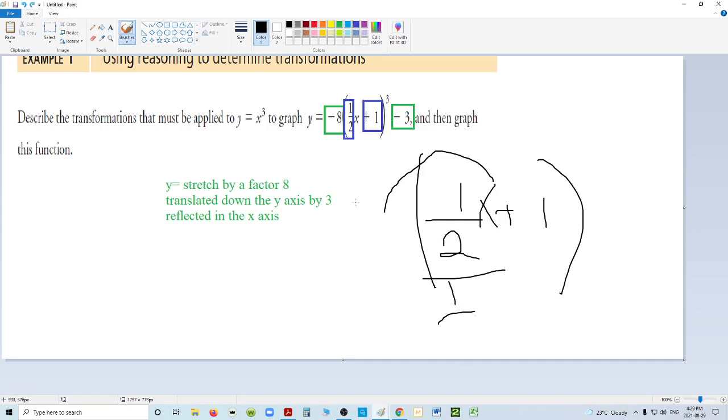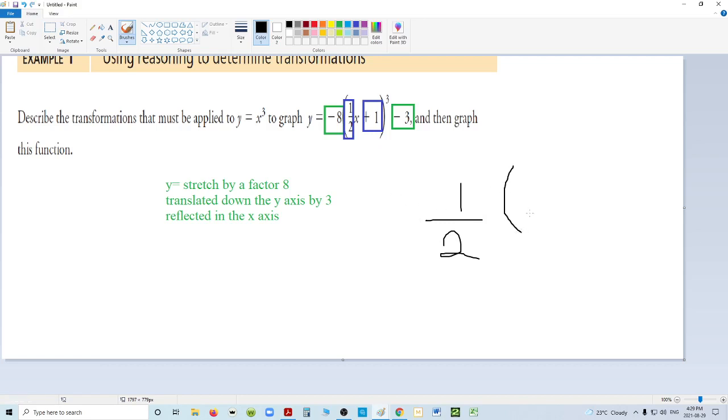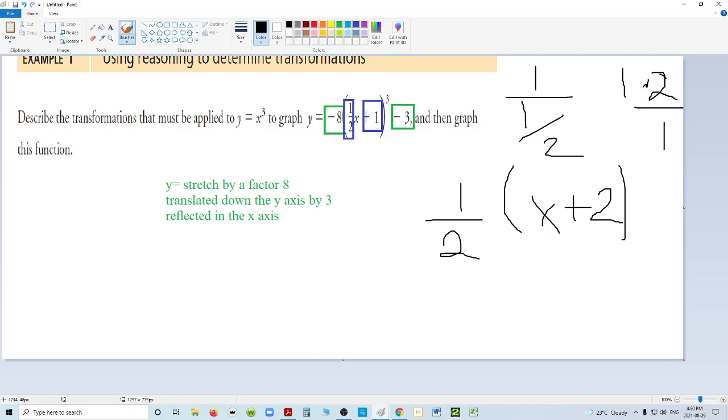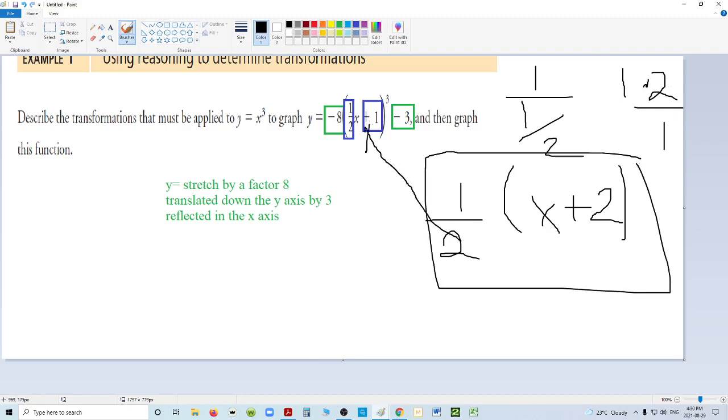And if I divide each thing by a half to get it outside, I'm going to get a half x plus 2. And you might say, how does 1 become 2? Take 1, and you're factoring out a half, which means you're dividing everything in here by a half. And 1 divided by half is the same as 1 times 2 over 1, which is 2. So that means you have to remember how to divide your fractions. This is the correct translation of what's going on in there. And the book and your teacher will constantly try this trick.